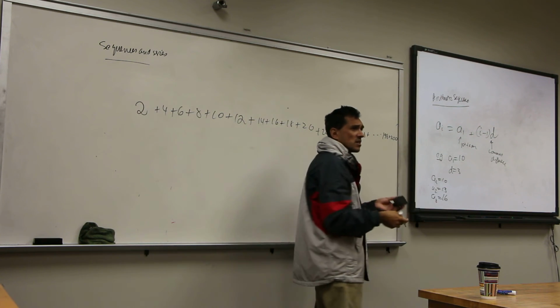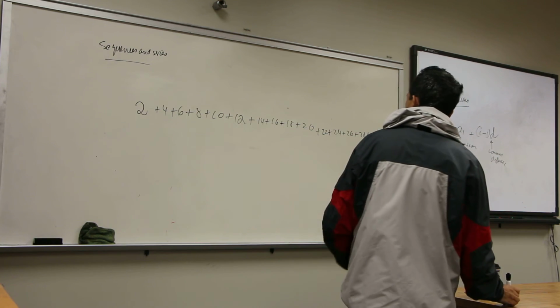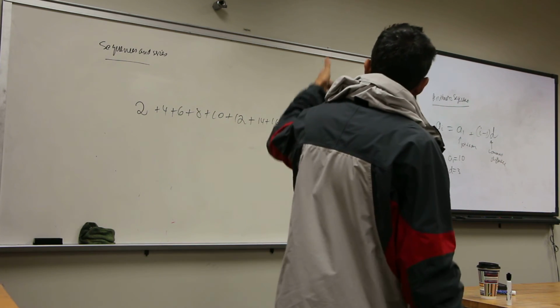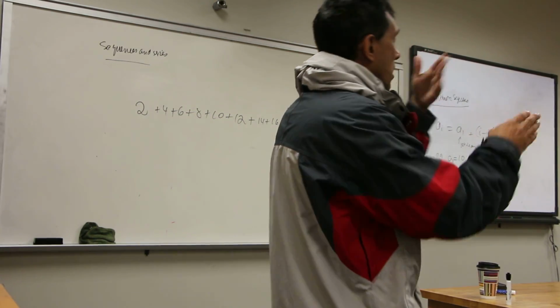Anybody know the sum of these? 2 plus 4 plus 6 plus 8 plus 10 plus 12 plus 14 plus 16 plus 18 plus 20 plus 20 plus 20 plus 20.